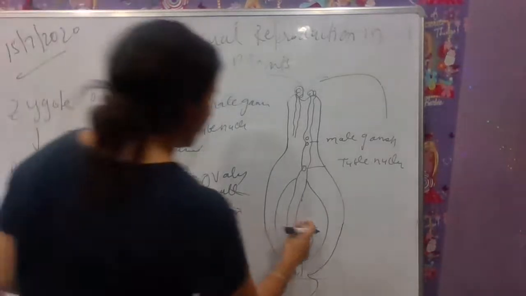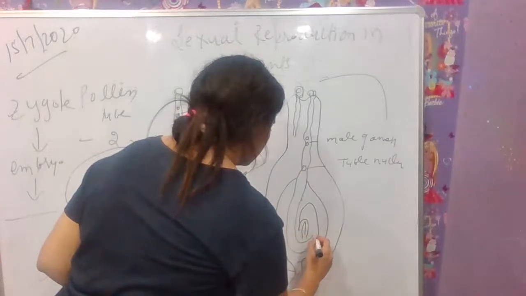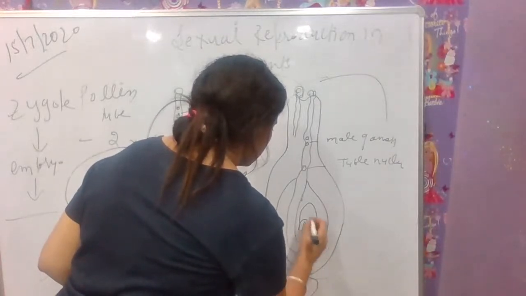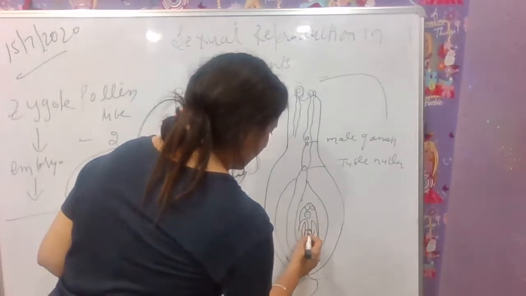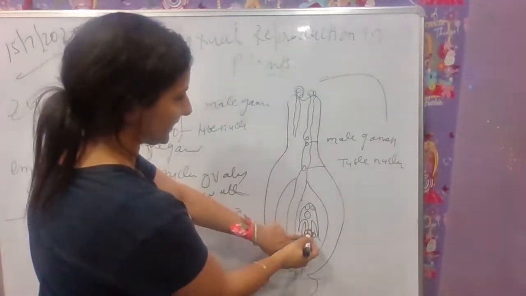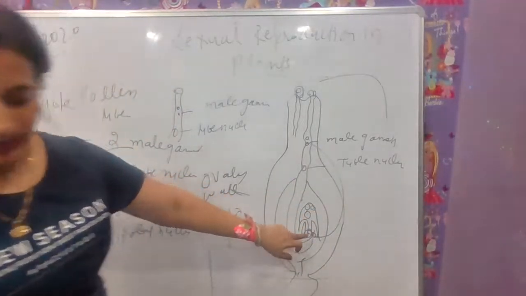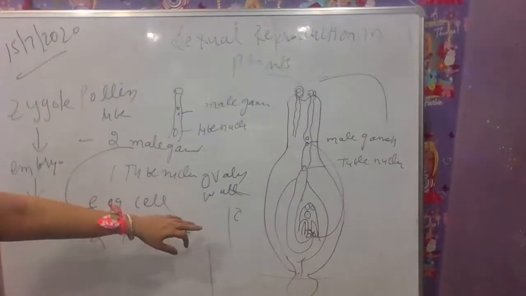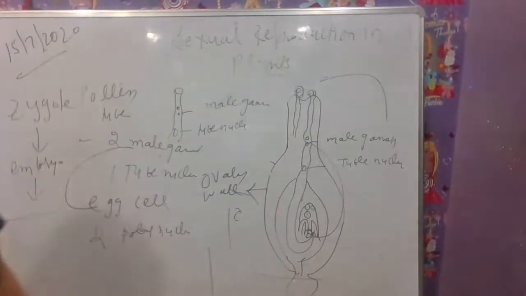Now, here again embryo is there. Egg cell is there. So, egg cell के साथ one male nucleus fuses. ठीक है? Then it will just form a... This is what ovary wall. ठीक है?